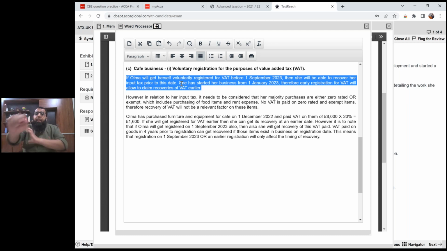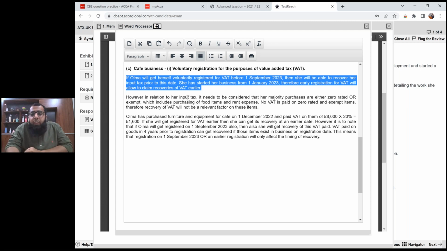First of all, we said that if Alma will get herself registered for VAT before September 23, the benefit will be that she will be able to recover the VAT earlier. Because you started business in January, you will get compulsorily registered from September. So if you get registered earlier, you will be able to start recovering the VAT from the earlier date. Okay.